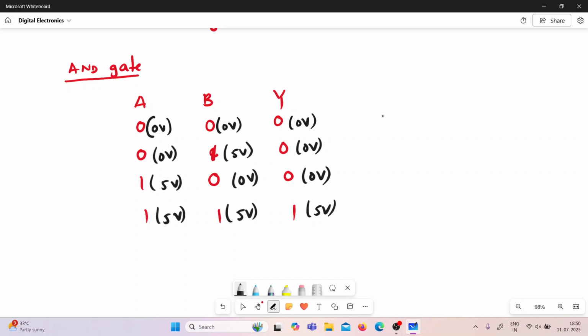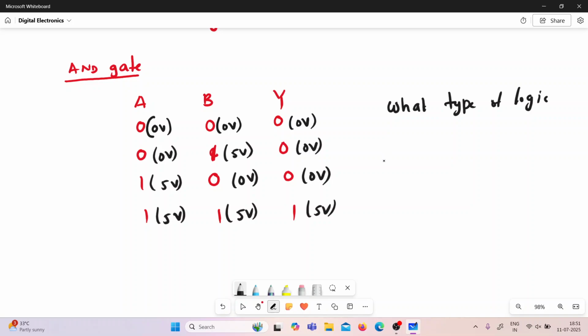The question you may be asked is: what type of logic is it? The options are positive logic AND gate, negative logic AND gate, positive logic OR gate, and negative logic OR gate. Now here, we came to know that higher voltage is given to logic 1 and lower voltage to logic 0, and this is similar to the truth table of the AND gate: 111, 100, 010, 000.